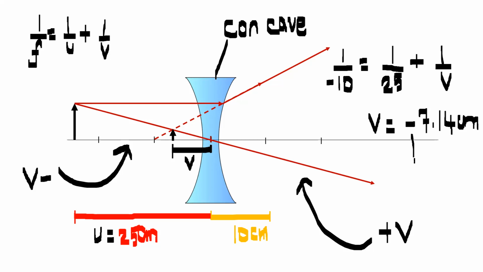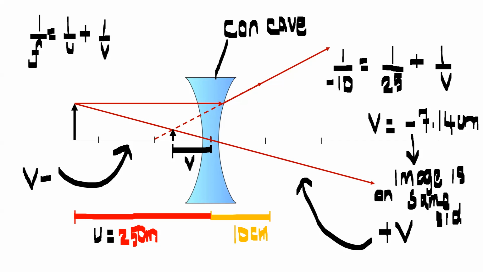This means the image is on the same side as the object. That's what negative means. Can you understand?